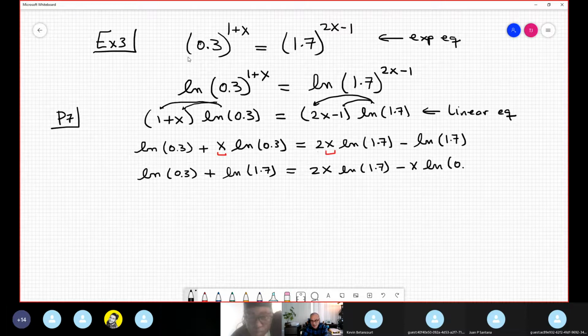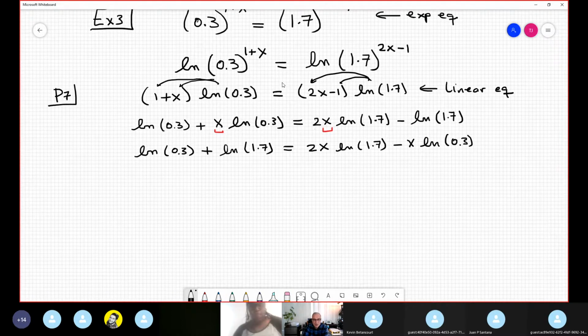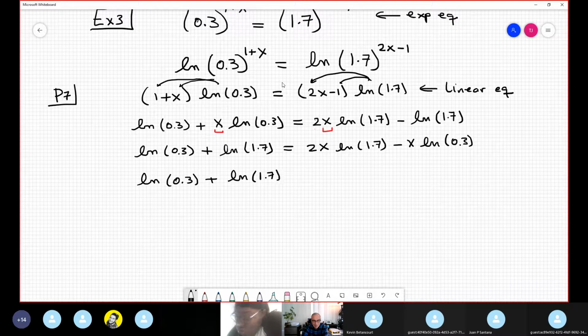Okay, this is exactly the same as we do in elementary intermediate algebra. You move the term that contains x to one side, the other term that does not contain x to the other side. Finally, I copy this exactly the same, bring down. And you factor out x: 2 natural logarithm of 1.7 minus natural logarithm of 0.3.